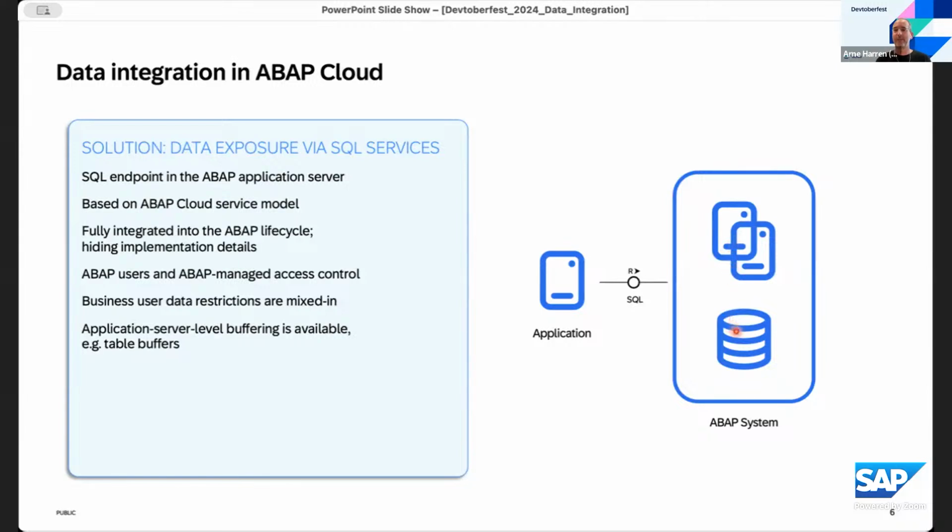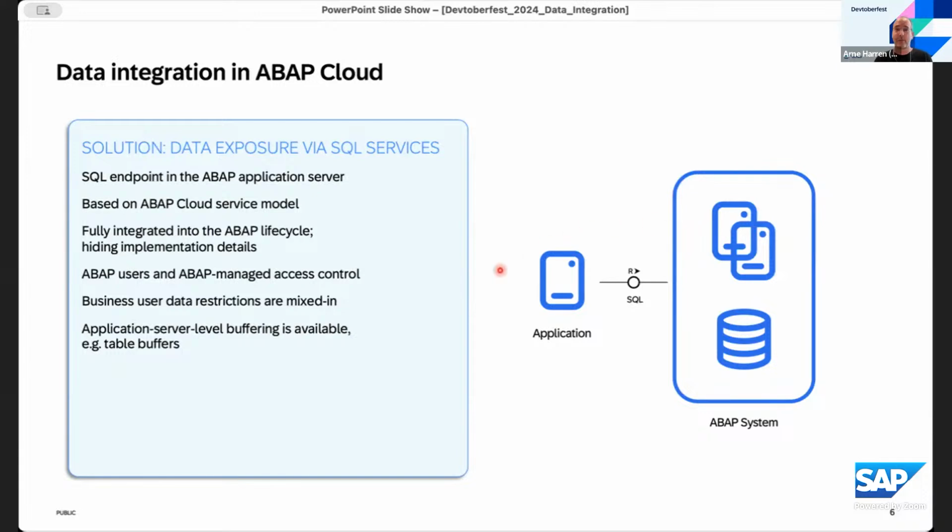So there is no need to define additional users on the database and manage them. You just use ABAP users and use the traditional way of managing authorizations on the ABAP level, including business user data restrictions, like restricting data to, for example, certain regions or certain aspects of your data model.